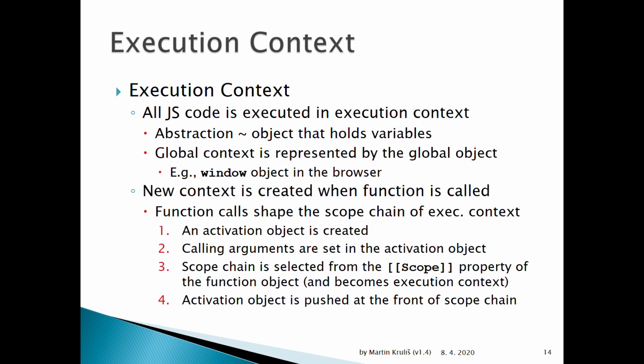In normal languages, when a function is being called, a new frame is allocated on the stack, and all the variables and arguments of this function live on the stack. Here we still have a stack, but on the stack they are not normal frames, but execution contexts. And the execution context isn't there by itself, but it forms a chain, so it's slightly more complicated.